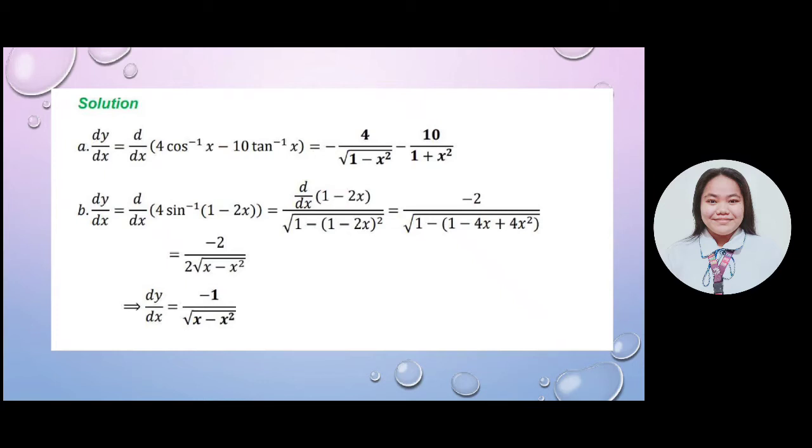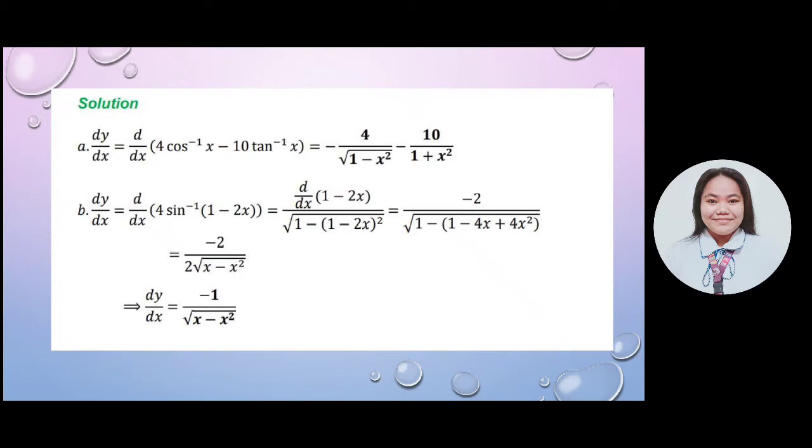So, for 4 cosine raised to negative 1 of x, the u is x and the u prime is 1. So we can plug this into the formula. Therefore, the derivative of 4 cosine raised to negative 1 of x is negative 4 over the square root of 1 minus x squared.